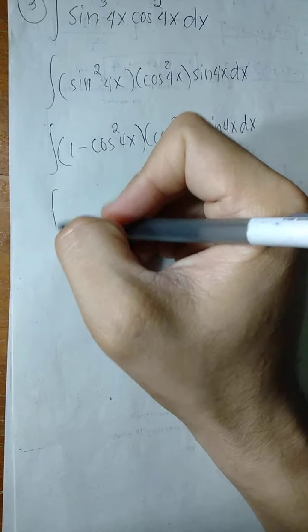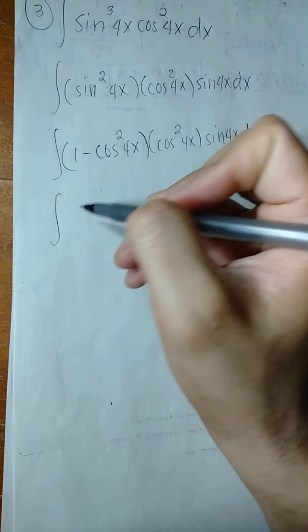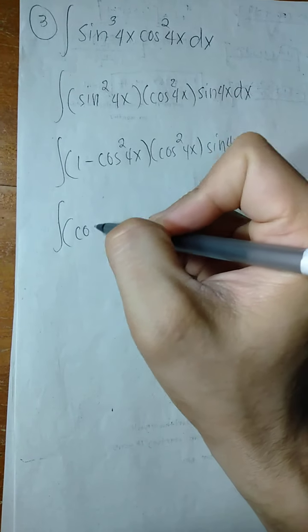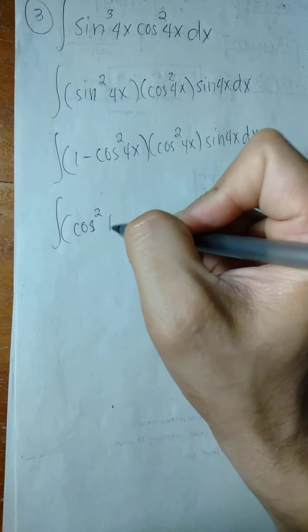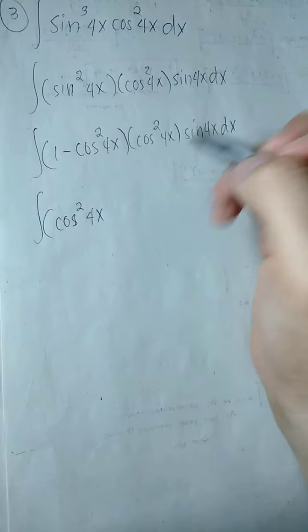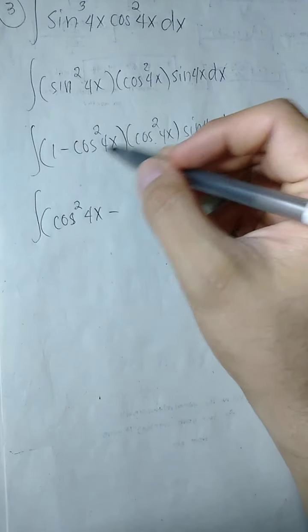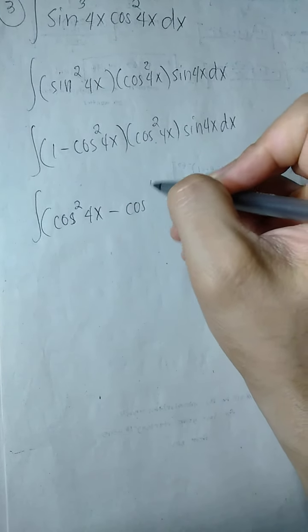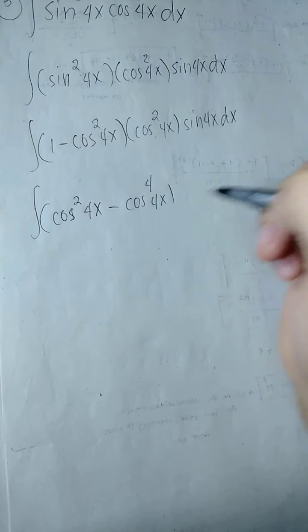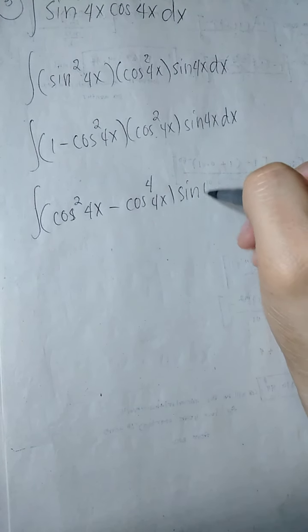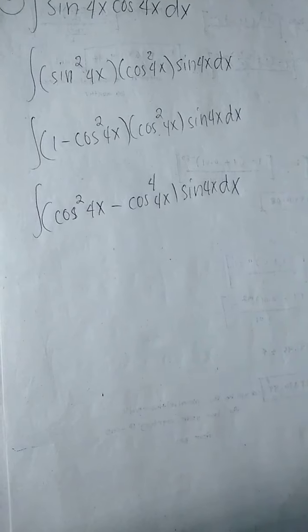Then what will happen? The integral of cosine squared 4x minus, cosine squared times cosine squared, so cosine to the fourth 4x, sine 4x dx.